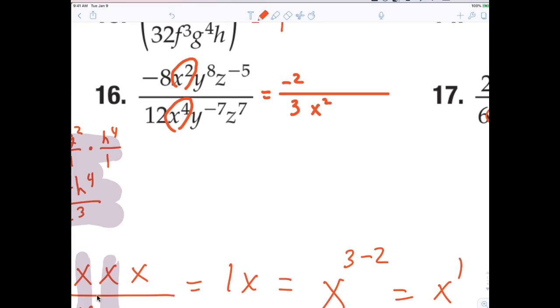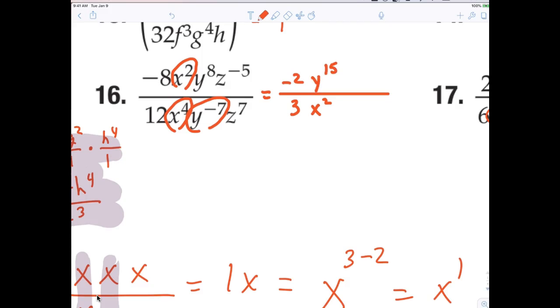Yesterday, I made you move things and rewrite it. It's not necessary. If you're going to say y to the negative 7, I have to move that where? Up. How many are up there already? 8. So if I add another 7, it's y to the 15th. Now look, if you're having trouble seeing that, raise your hand and I can say it one more time.